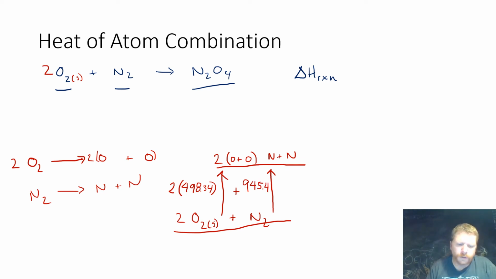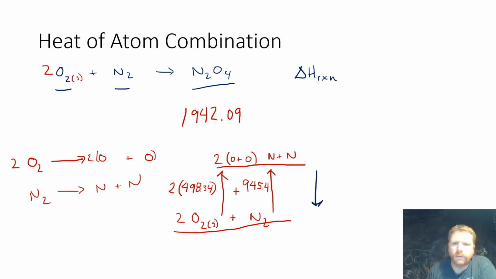So I can use my calculator to figure out my total there. So how much energy am I actually putting in? And the energy that I'm putting in is 2 times 498.34 plus 945.41. Okay, so I'm inputting 1942.09.